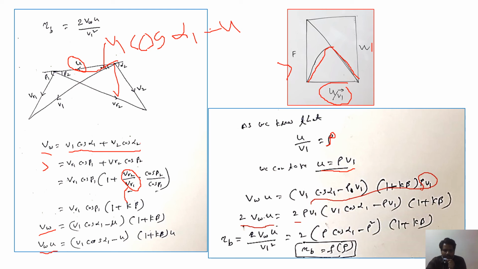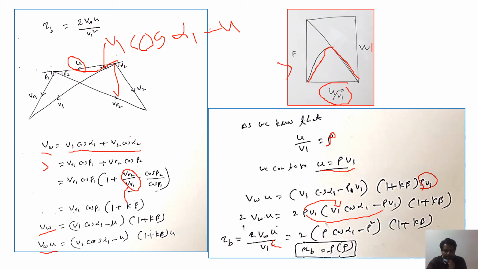Taking V1 square to this side, 2Vwu by V1 square equals, sending rho inside, rho cos alpha 1 minus rho square into 1 plus KB.